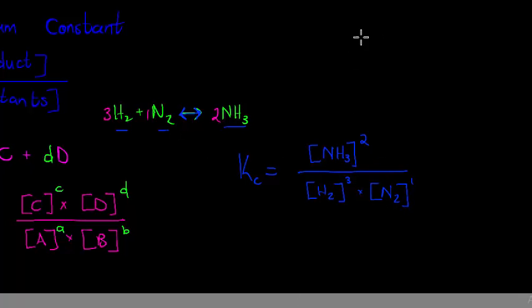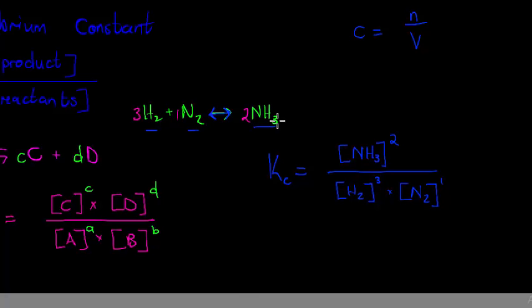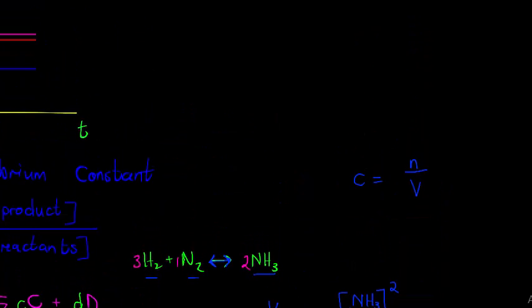So how can I get concentration? Well, there are different ways of looking at concentration, but basically you can look at C is equal to n over V. Remember these are all gases, and so I take the molar quantities, which I have here on my graph.